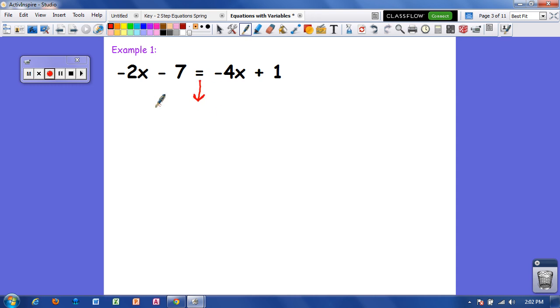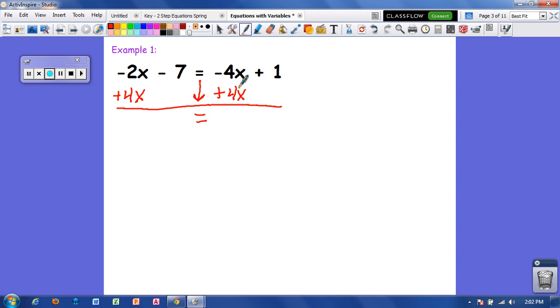I'm going to carry the equal sign down. I'm going to take this negative 4x and bring it to the other side. I have to use the opposite of a negative 4x, which would be a positive 4x. I'm going to keep that plus sign in front of it. That's the same as adding 4x to the other side.